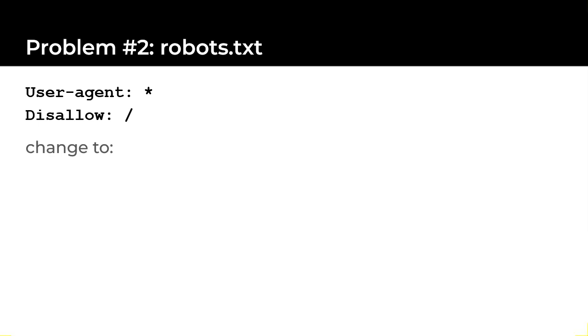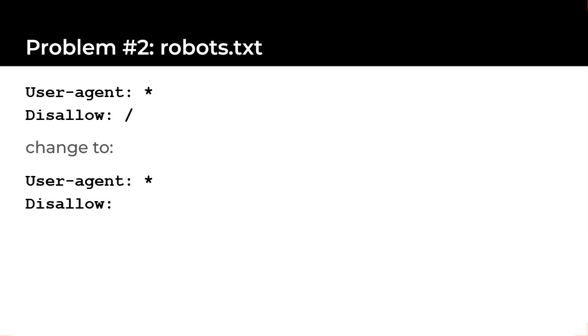If you already had a robots.txt file, chances are you already overwrote this and everything is working as anticipated. But if not, you can update it so that it has an empty disallow entry.